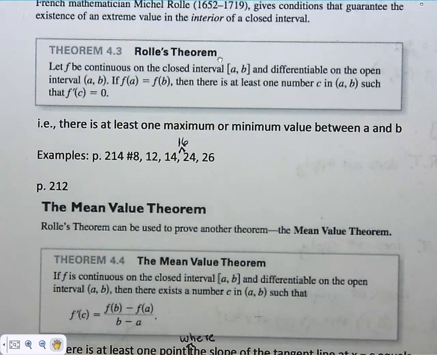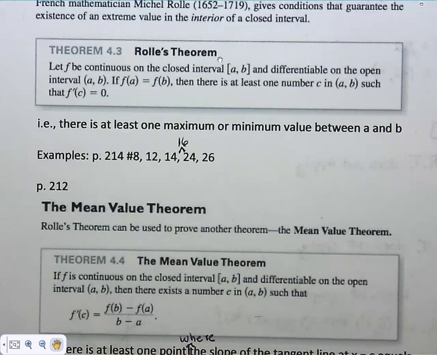The function may not be differentiable everywhere, but we're going to be given an interval, and if it's differentiable on that open interval, then the conditions are met. Also, f of a has to equal f of b.